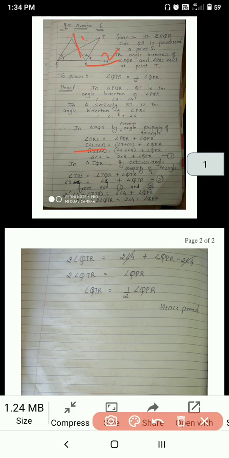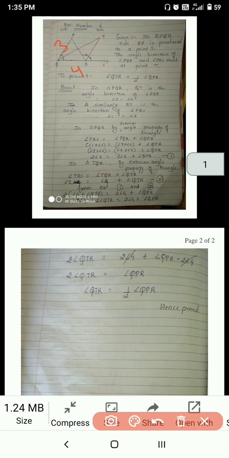And this PQR is formed by angle 3 and angle 4, so in place of PQR, we will write angle 3 plus angle 4, plus angle QPR as it is. Because the exterior angle property is that the exterior angle is equal to the sum of the opposite two interior angles. So here we will use that property.